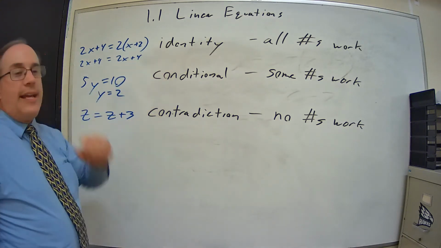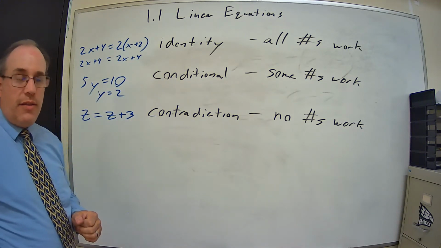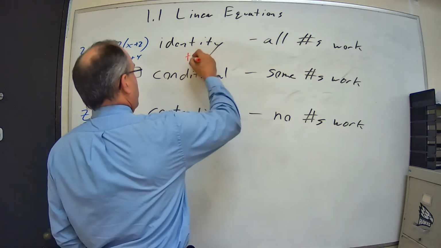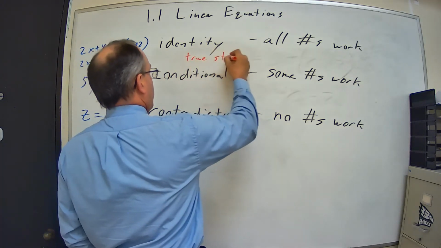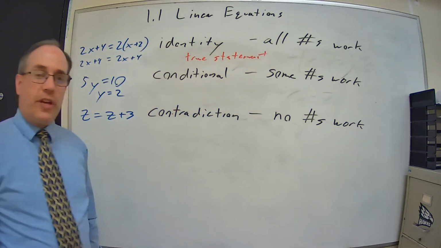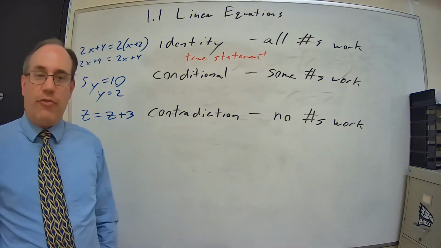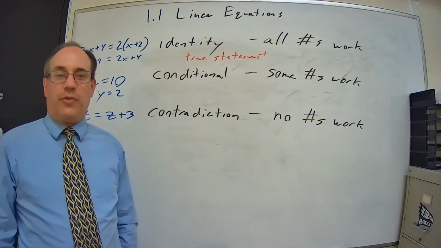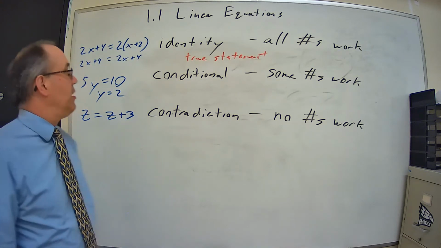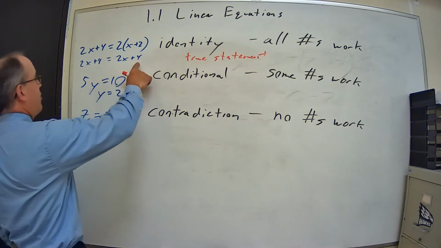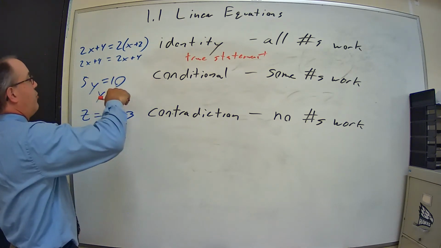When I have an identity, as I go to solve it, I'm going to end up with a true statement. I'm either going to have the variable equal to itself, or I'm going to have some constant equal to the same constant. In fact, if I were to start to solve this, I'd subtract 4 from both sides.